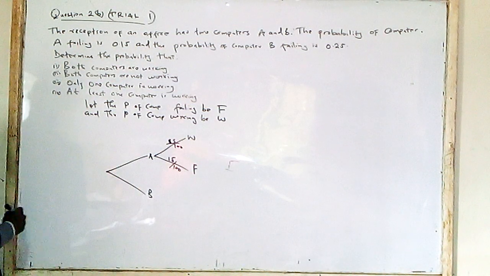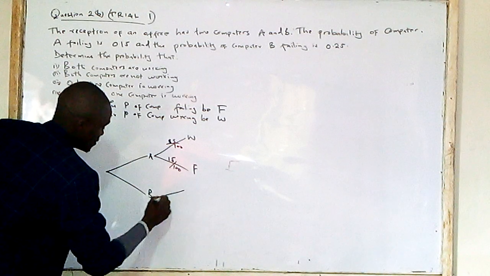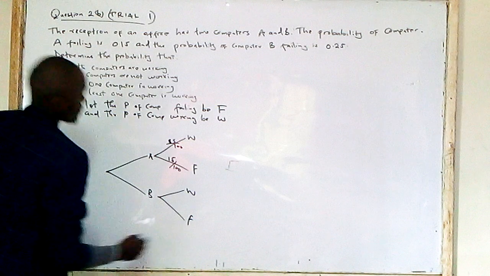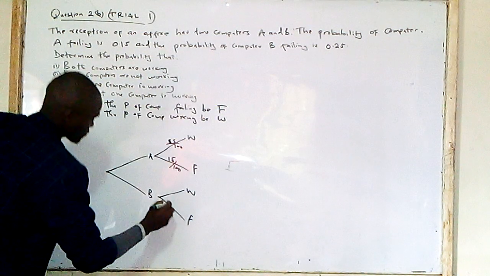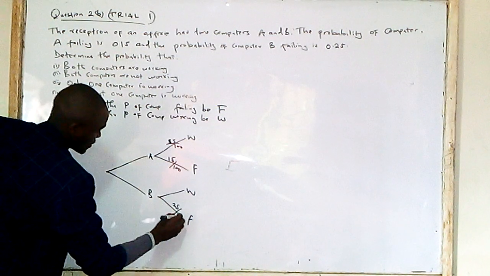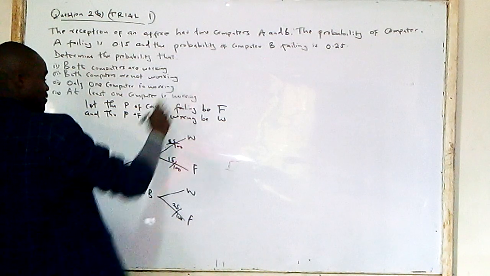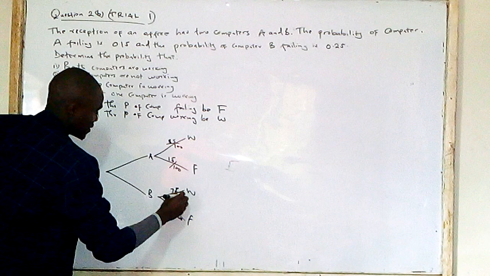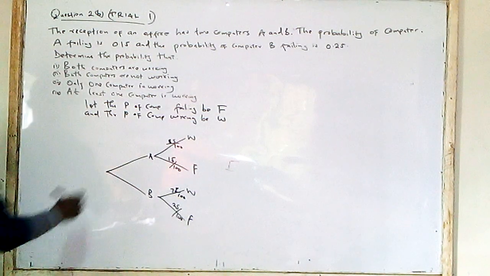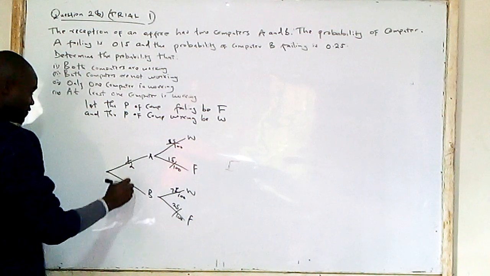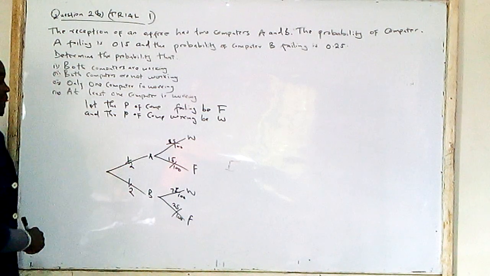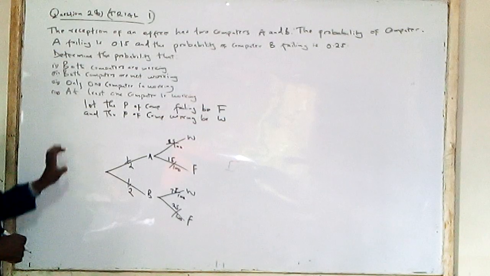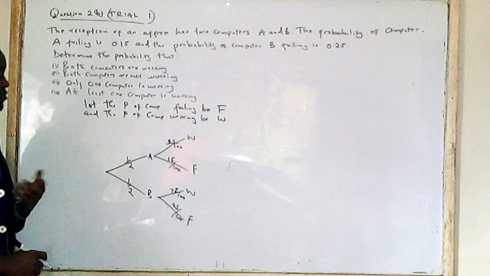And then computer B, the probability of computer B failing is 0.25, which is 25 over 100. And the probability of computer B working is 75 over 100. So this one will be sharing a half and a half. So this one is the tree diagram for the above representation.